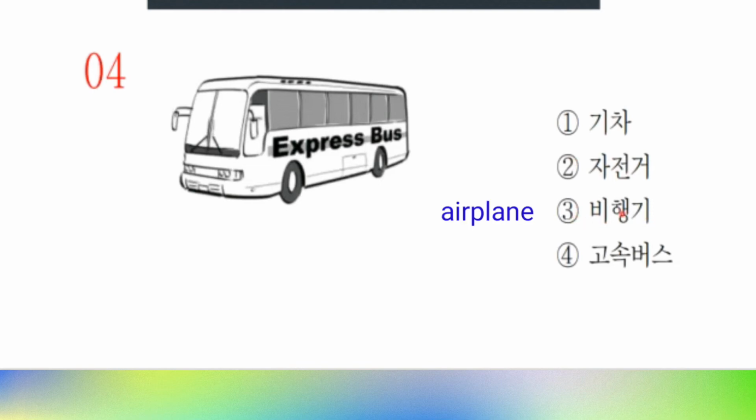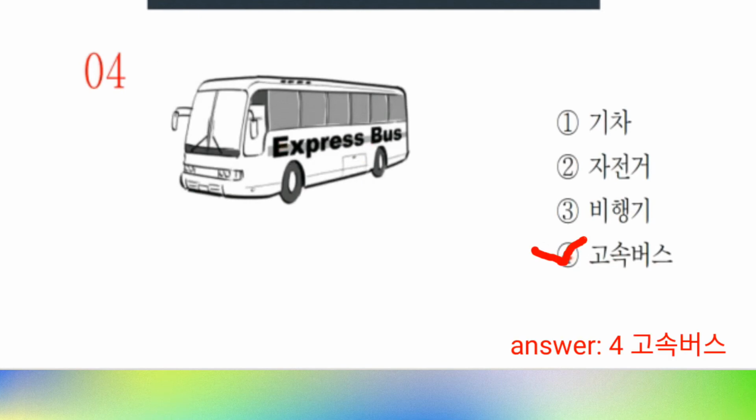Bihengi is eroplano, airplane. And number 4 is gosok bus. So, yung sagot, number 4. Gosok means express. Gosok bus ng express bus. So the answer is number 4.